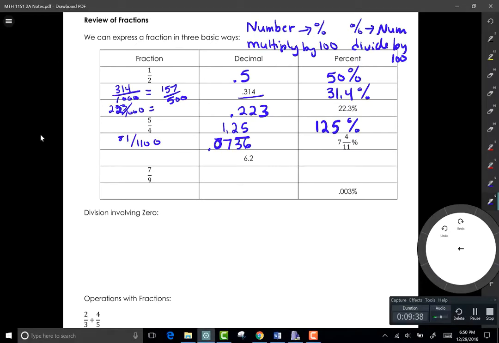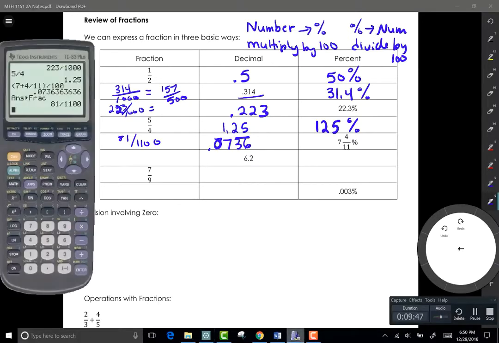Okay, the next example is 6.2 as a decimal. We want to put it in fraction form and in percent form. So I can take 6.2 and tell the calculator to change it to fraction form. That gives me 31 over 5.